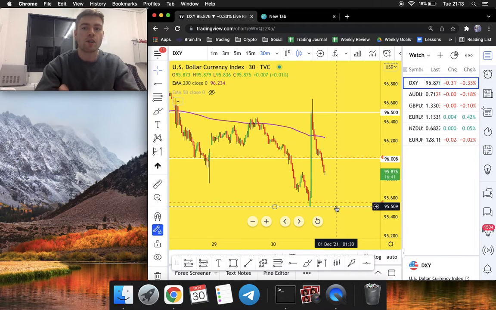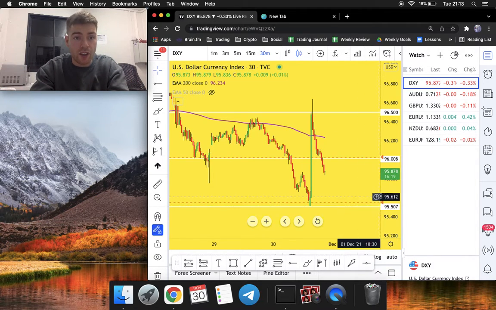This is how price likes to behave. It's psychological that price will stop off at key levels and half levels, so like fives, halves, and then full levels like 96, 97, 95, 96.5, 95.5, 97.5, and so on and so forth.